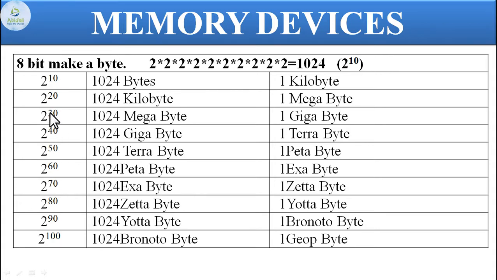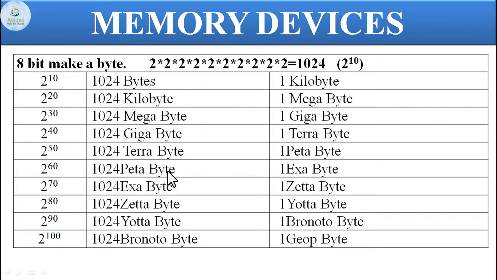Then 2 to the power 30 gives gigabytes. Similarly, you have terabyte, petabyte, exabyte, zettabyte, yottabyte and brontobyte that are present in memory devices.